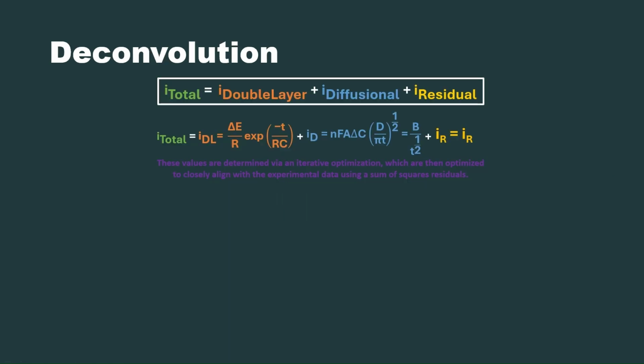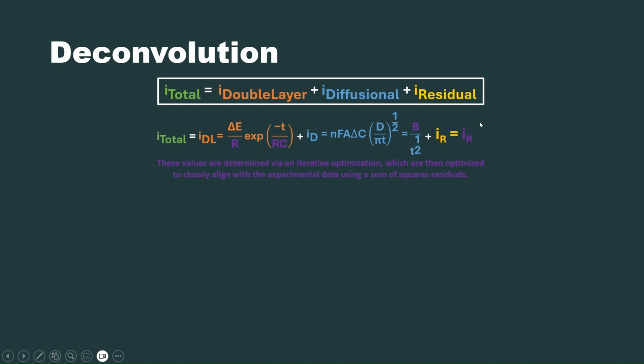So this is the deconvolution part that we will be using today. We have this equation here for the double layer component, this part for the diffusional, and this part for the residual. As spoken about in the previous video, we change components: the resistance component, the capacitive component, and B, which helps the fitting take into account this entire equation here, and the residual component.